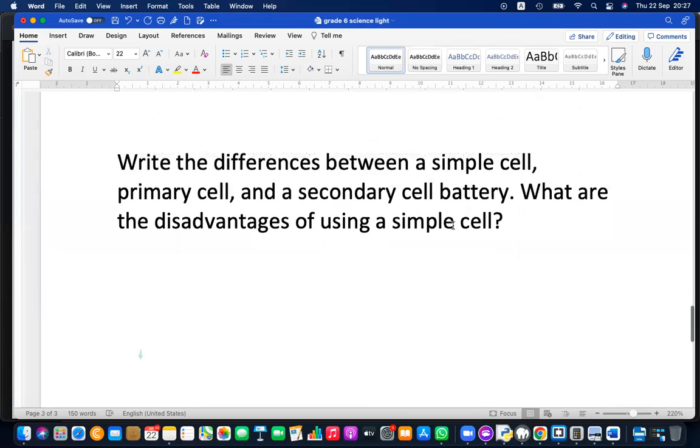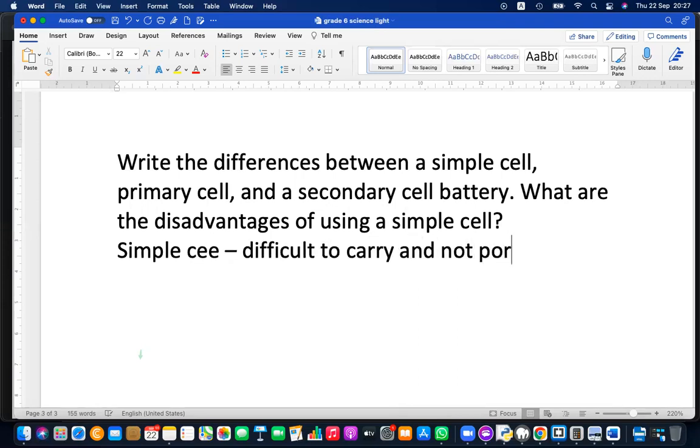Then this part, differences between cells. Simple cell, difficult to carry and not portable. Then primary cell, not rechargeable.